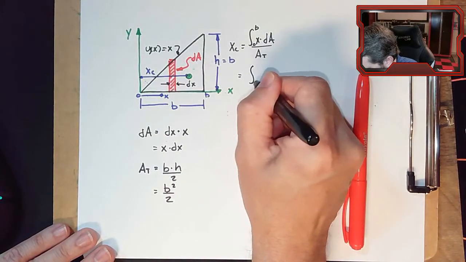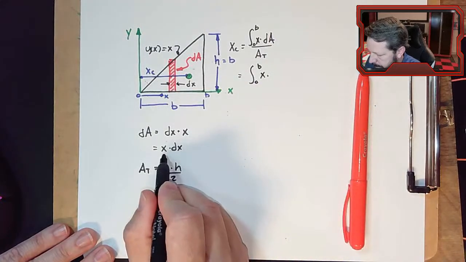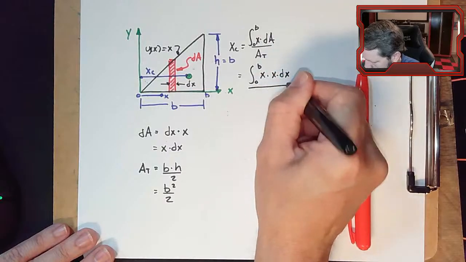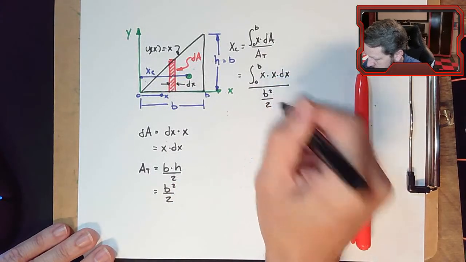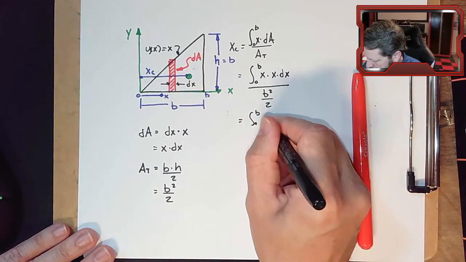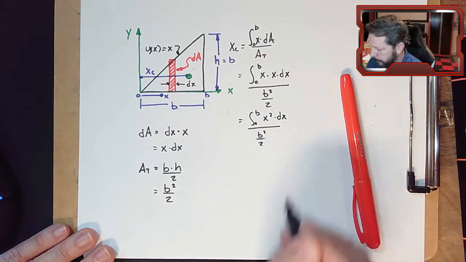So we're still going to integrate from 0 to b. X times dA is now x squared dx, and the total area is b squared over 2. So that's the same as integrating 0 to b, x squared dx over b squared over 2.